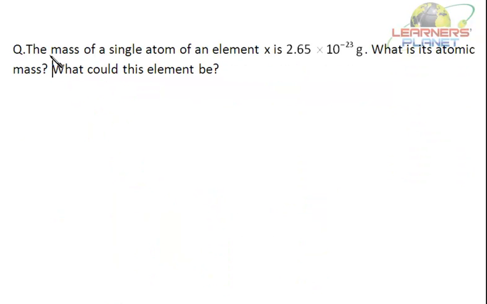Our next question is, the mass of a single atom of an element X is 2.65 into 10 to the power minus 23 gram. What is its atomic mass? What could this element be? Now atomic mass in grams is the mass of 1 mole of that atom.